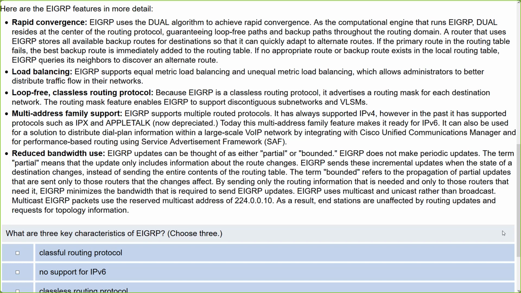Reduced bandwidth usage, we talked about that as well. One thing I didn't mention about the bandwidth usage, though, is that traditionally with routing protocols like RIP and IGRP, we would use broadcast addresses to exchange routing information. With EIGRP, we use a multicast address. Specifically for IPv4, that's going to be 224.0.0.10.